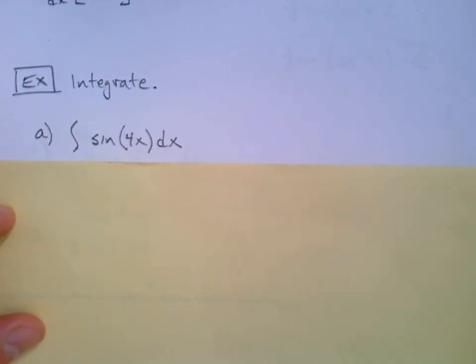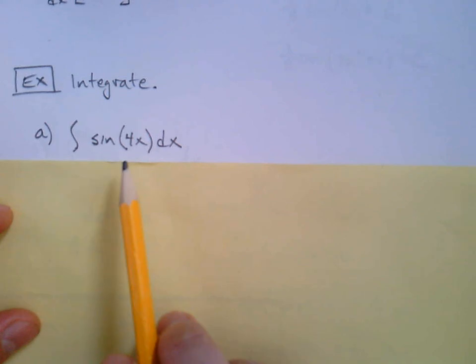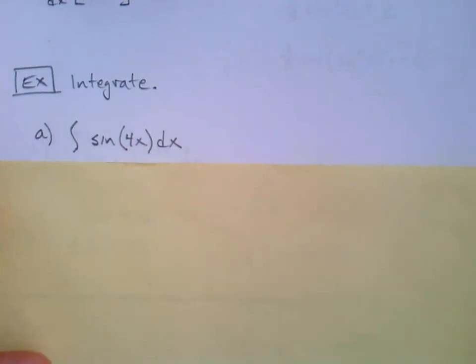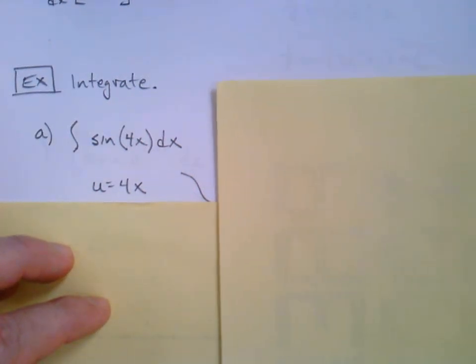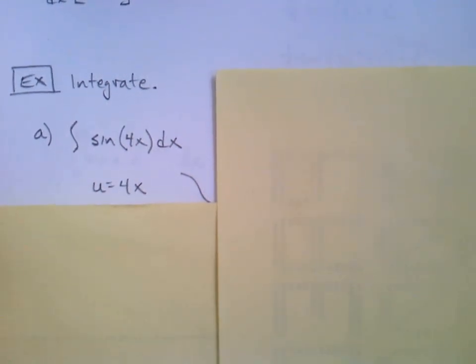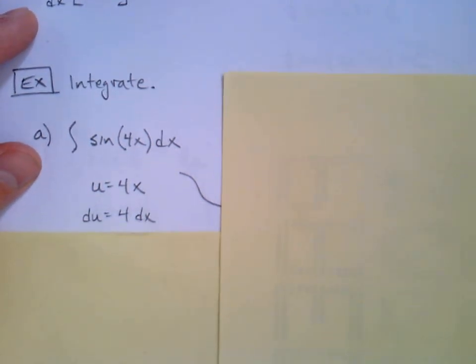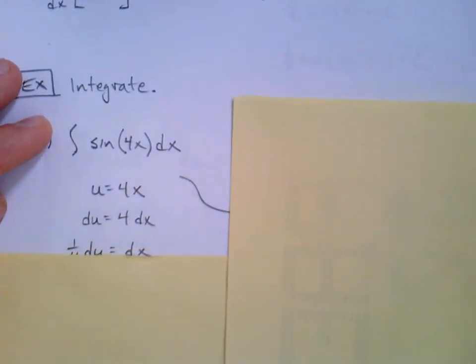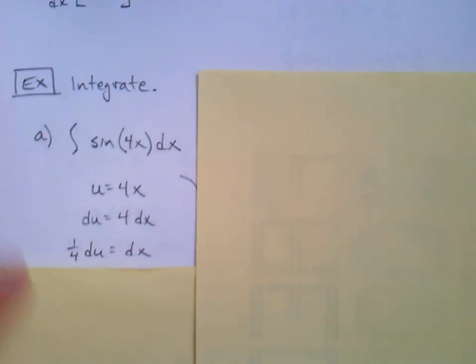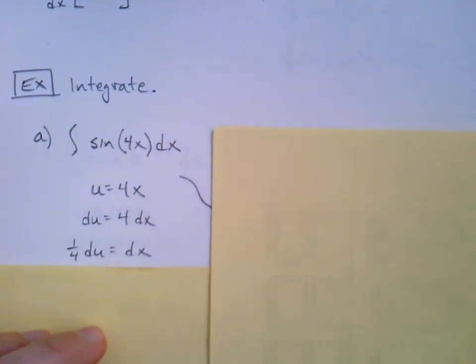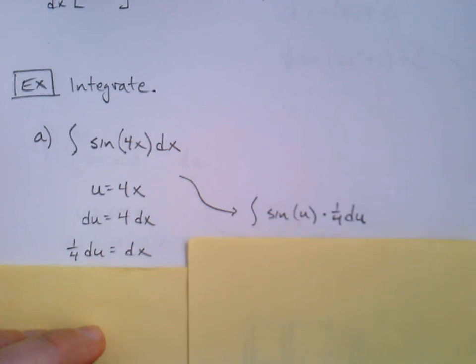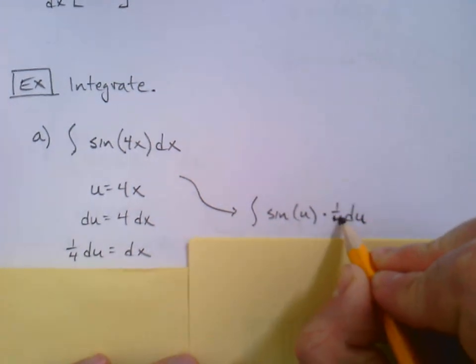So what are we going to make our u here? Well, to make it simpler, we can just set u to be the 4x, and I don't want to reveal too much, so I'm going to cover this up. If u is the 4x, then our du, of course, is 4 dx, and we don't want that 4, so we're going to divide it over. We'll make the dx 1/4 du. So pretty simple when you see it. When you put it in on the other side, that's a 4, by the way.